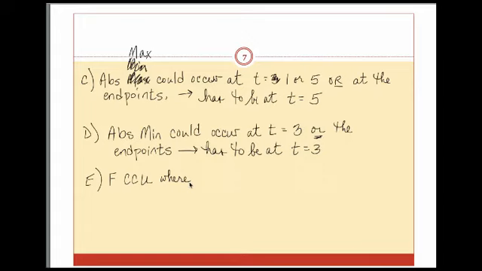If we wanted to know where the original graph would be concave up, that was always where the derivative was increasing. In this case, the derivative is little f. So the big F function is going to be concave up wherever the graph of little f is increasing.